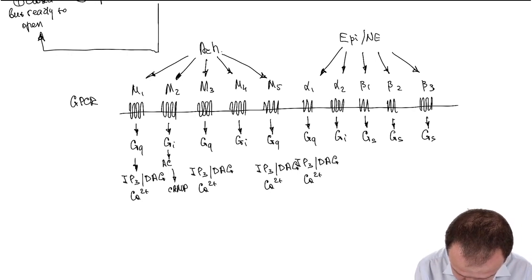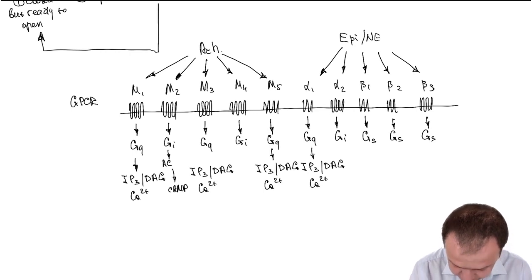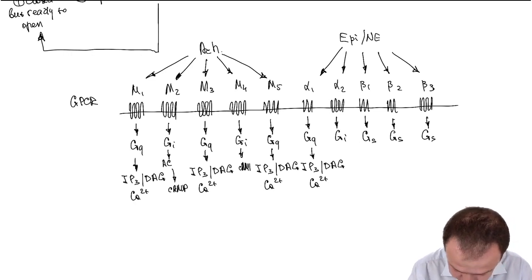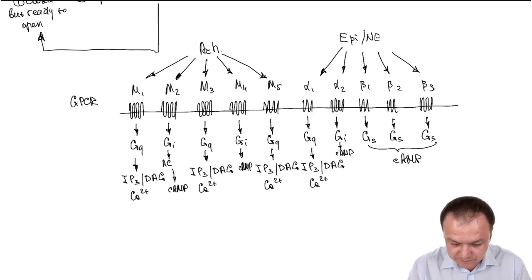Gq, again IP3, diacylglycerol. This is important to memorize all these second messengers. Here I'm writing cAMP, and again cAMP, and Gs, again cyclic adenosine monophosphate cascade.